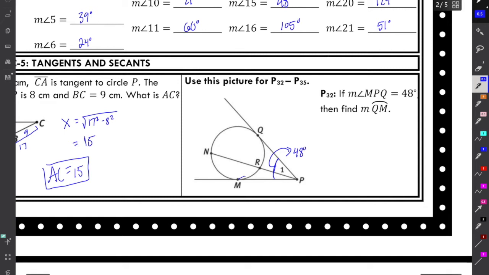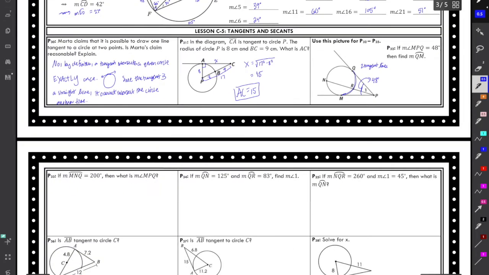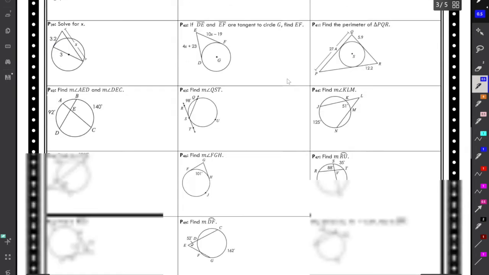So we're finding this arc right here. Notice that with this angle we have two tangent lines that are tangent to the circle. So let's see if we have anything about angle measures dealing with two tangent lines.